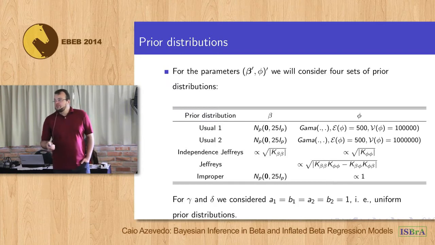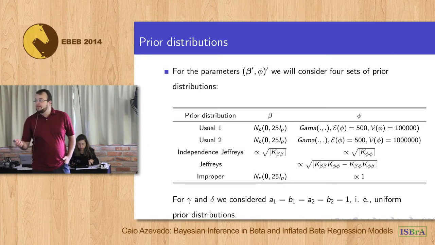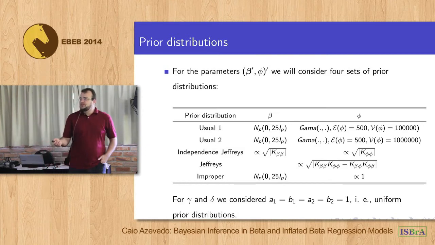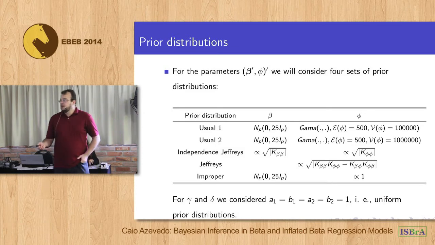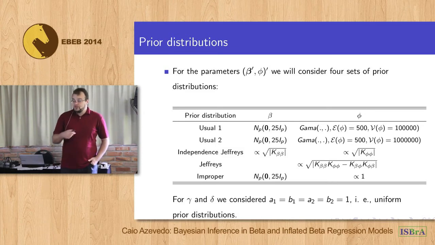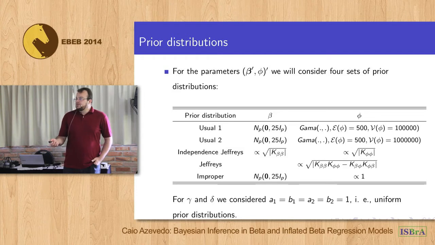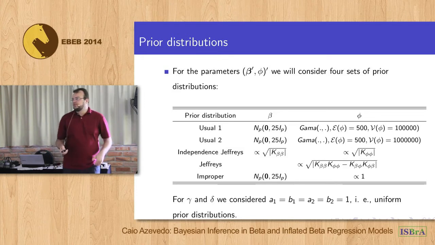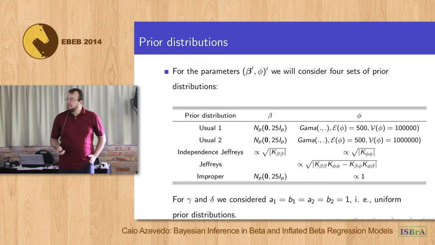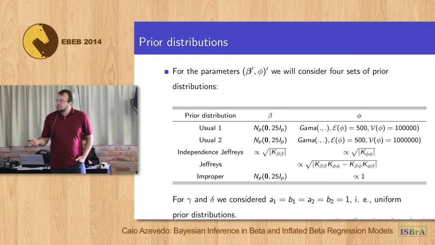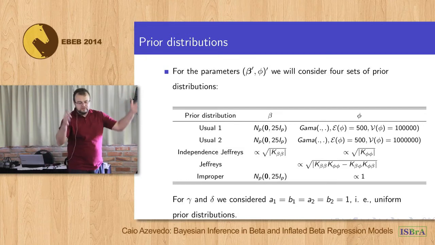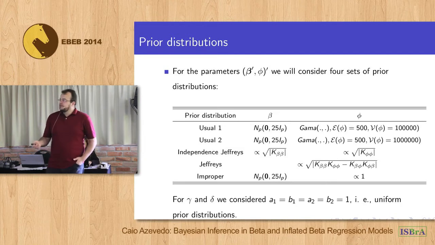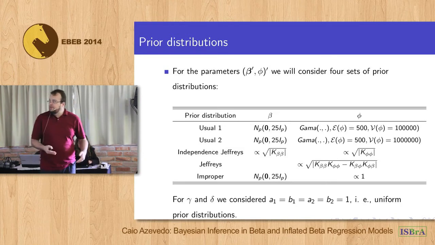Also, in terms of prior distributions, we consider, instead of 4, 5 sets of prior distributions for beta and phi. The first one is the usual one that I showed you a few minutes ago. It consists of a multivariate normal distribution for beta, with zero mean and a diagonal covariance matrix. For phi, a gamma distribution that has a high mean, 500, and an even higher variance.